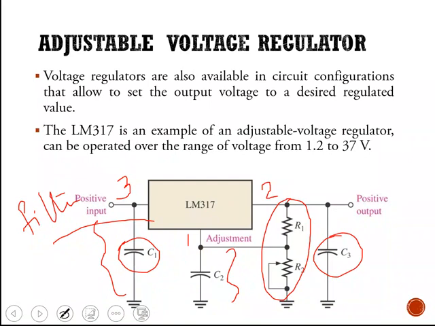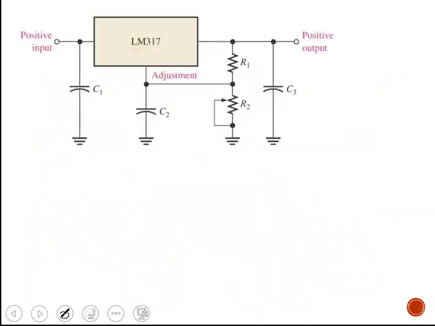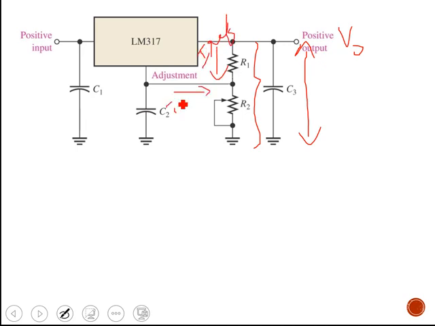Now we will see how R1 and R2 provide an adjustable output voltage. We will take this voltage as V0. V0 is the voltage across this capacitor filter, which is nothing but a combination of R1 and R2. We take the current over here as I reference and the current here as I adjust.